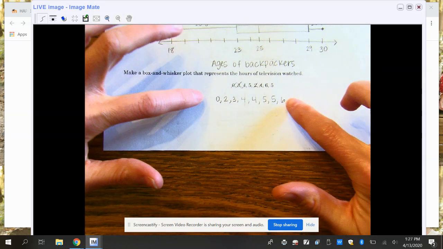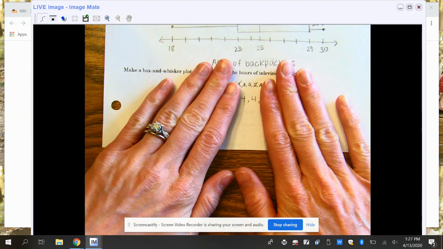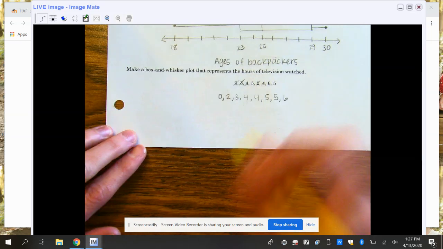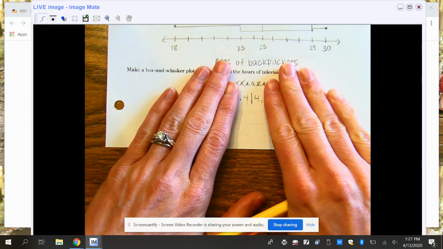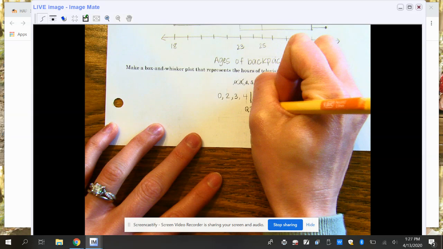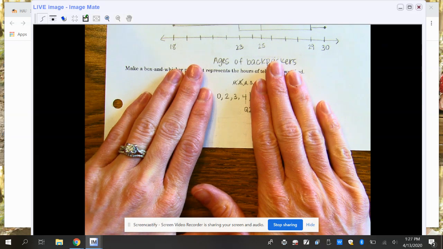Okay. So I always start by finding Q2. Okay, so when I move in, I've got 4 and 4 in the middle again, so I've got an even amount of data. That means Q2 is going to be the average of 4 and 4, which is still just going to be 4. And then we'll find the lower and the upper quartile.